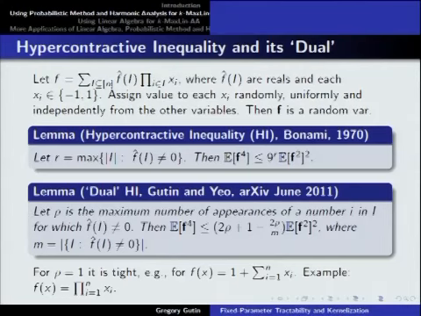Rho is the maximum number of appearances of a variable in terms of this Fourier expansion. So this is rho, and then instead of the degree of the function, you can use rho as the coefficient in the hypercontractive inequality. Here I wrote the 4-2 case.